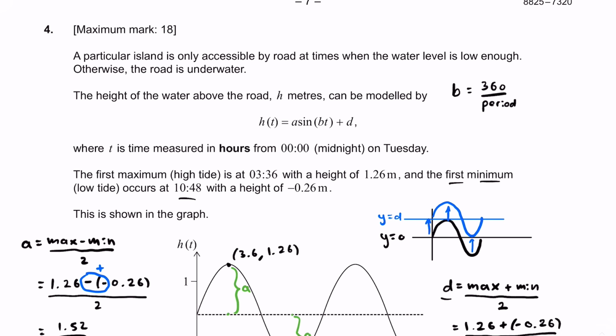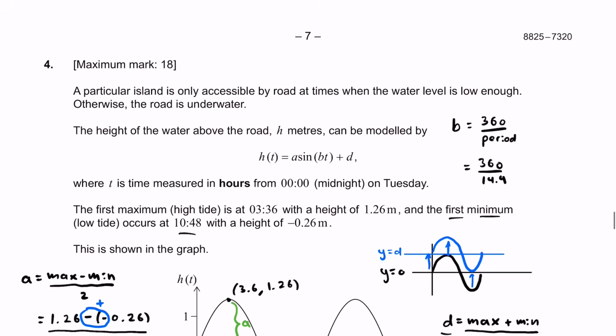So taking 360 divided by 14.4 would tell us how many waves we can fit into 360 units, in this case 360 hours. And again, it's a little more depth than we need for this question. It has to do with the unit circle and the idea that we sweep through one full rotation in 360 degrees.